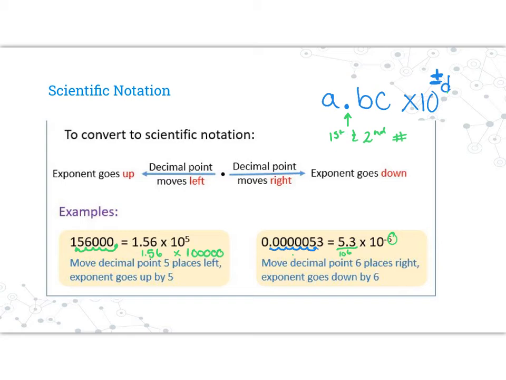Okay, so if the decimal point had to move to the left, the exponent goes up and it is positive. If the decimal had to move to the right, the exponent goes down and it is negative. You can always check your answer by putting this value into your calculator and seeing if it'll spit this out. If it's a really big exponent, it may not work, but you can always double check.